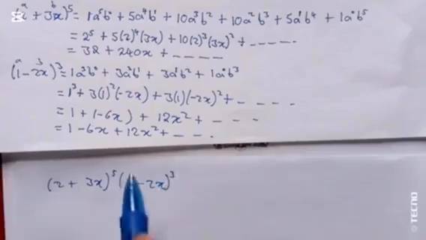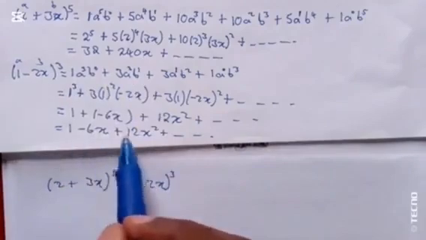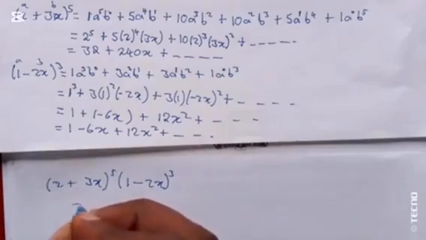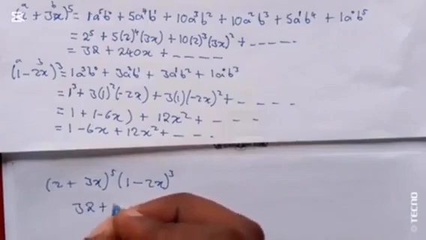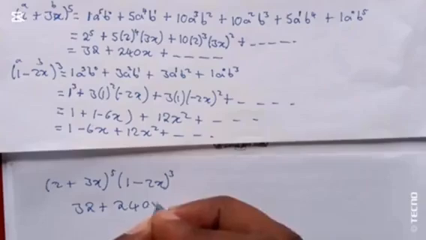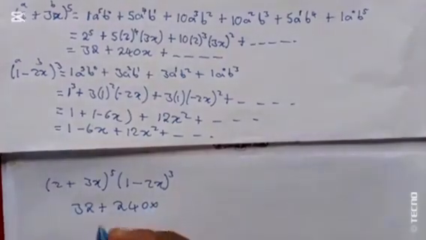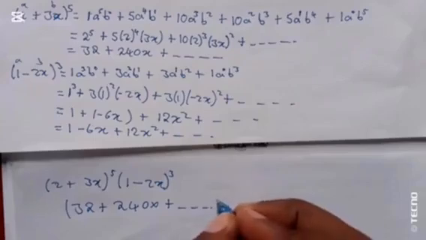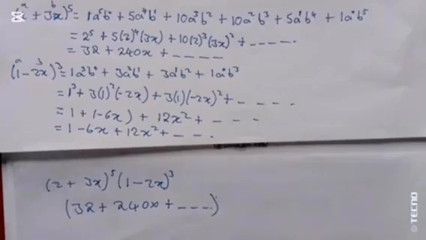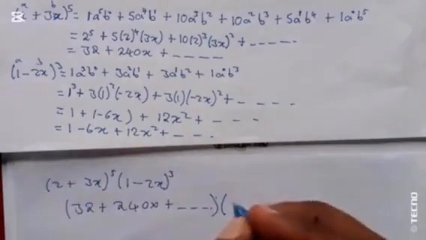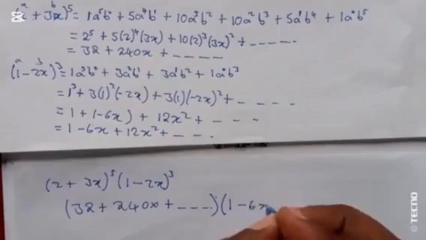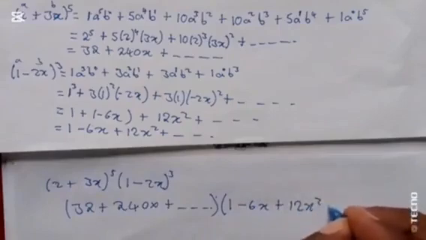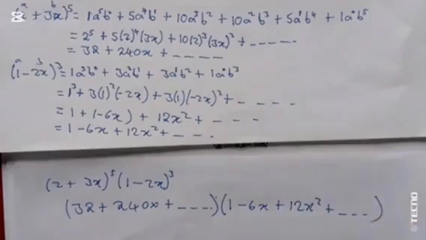Remember we have this one and this one. So once we multiply, let's say we write 32 plus 240x, plus, then we close. Again, you are multiplying 1 minus 6x plus 12x squared plus, we close.